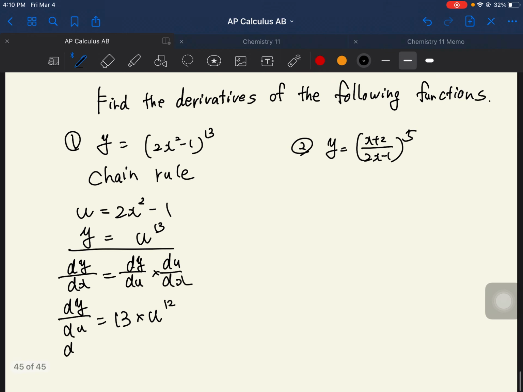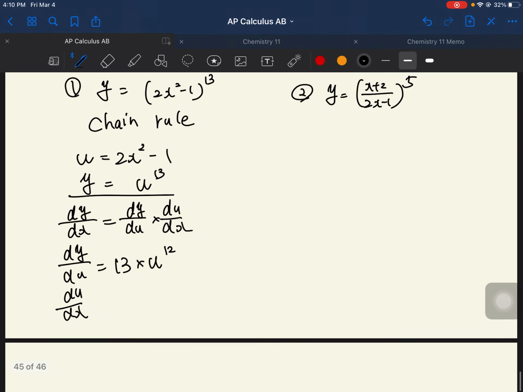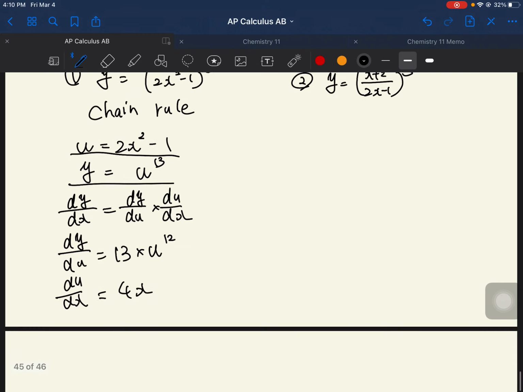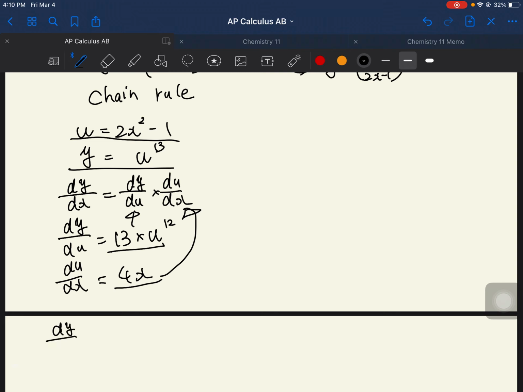Then to find du/dx, you are going to use this function. You differentiate u with respect to x, which is 4x. So it's done. So you plug these into here. dy/dx is equal to 13 times u.